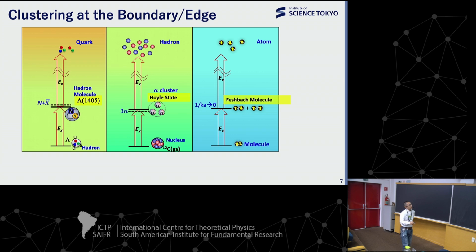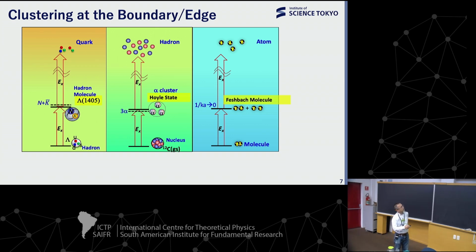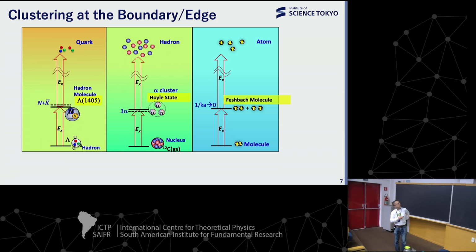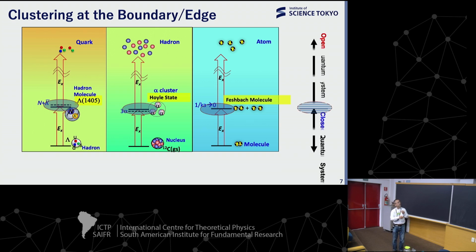And now, if you look at the molecule and atom sectors, then you can see also a similar phenomenon called the Feshbach molecule in the unitary limit. So these things are actually occurring at the boundaries between these two hierarchies and at the threshold.